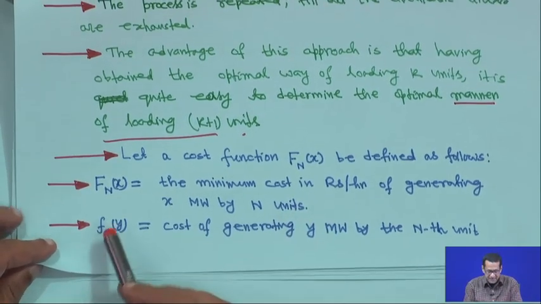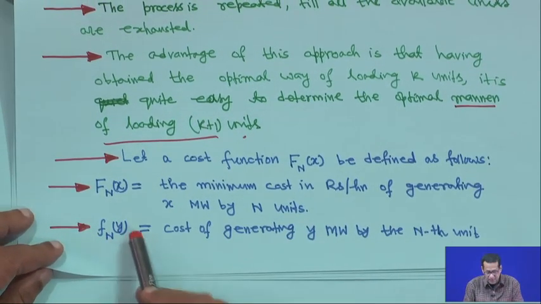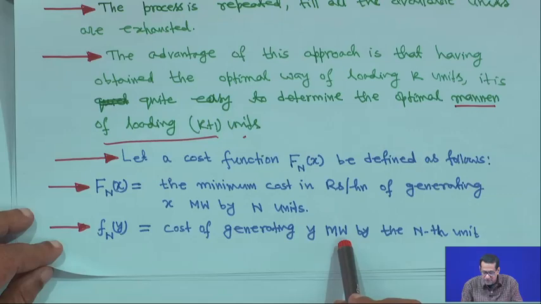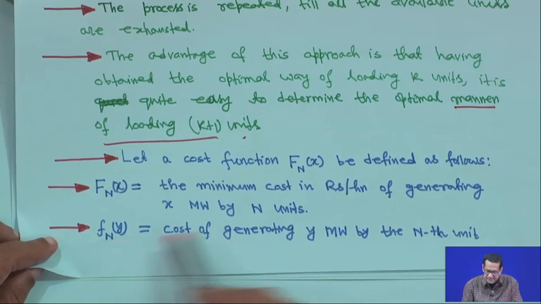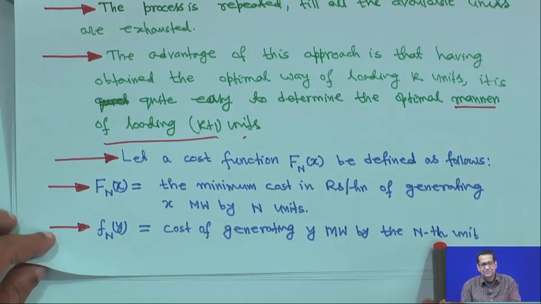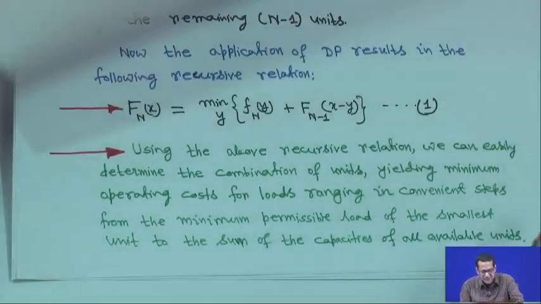This is one, and small f capital N suffix y is equal to the cost of generating y megawatt by the nth unit. This is the meaning: x megawatt by n units, and this is the nth unit. Therefore, the equation is very simple.